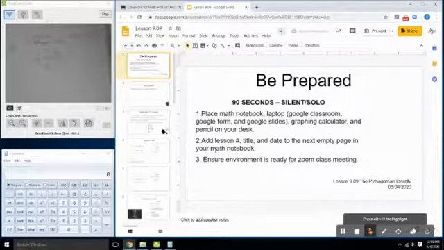Ensure your environment is ready for a Zoom class meeting so that you can turn on your camera if you choose to do so, and it won't be a distraction. At this time, please pause the video and get ready, and I'll see you once you're ready.